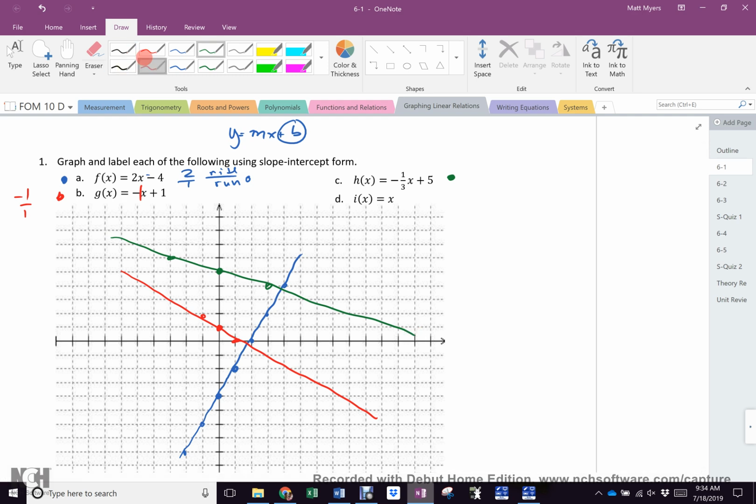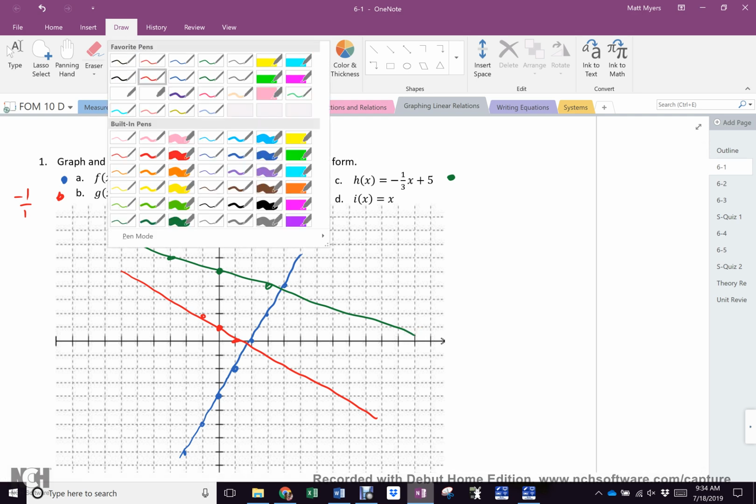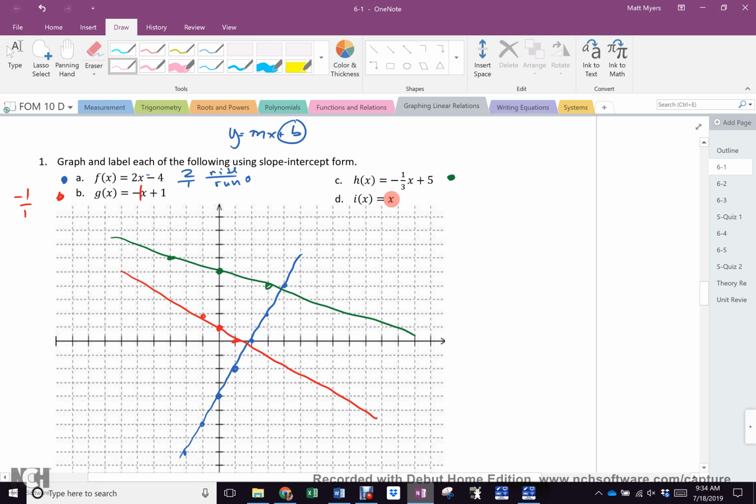And lastly, we'll use pink. Ooh, weird. Where's the pink dot go for the y-intercept? Zero. And what's the slope? 1. How do I do a slope of 1? Is it positive or negative?